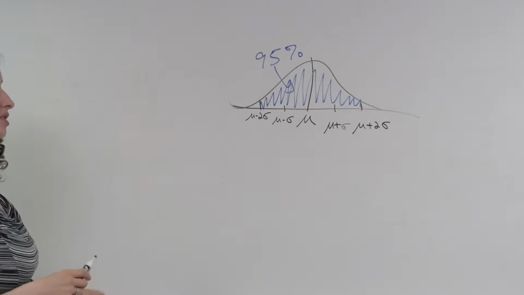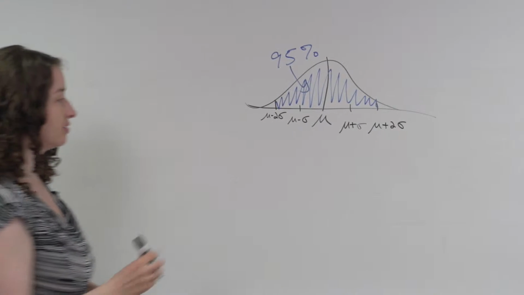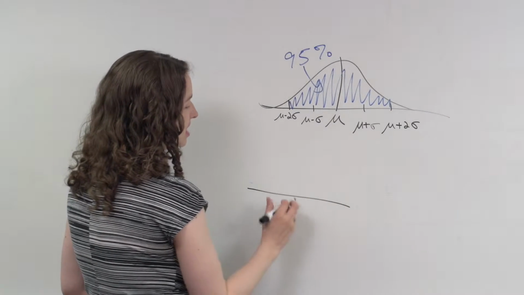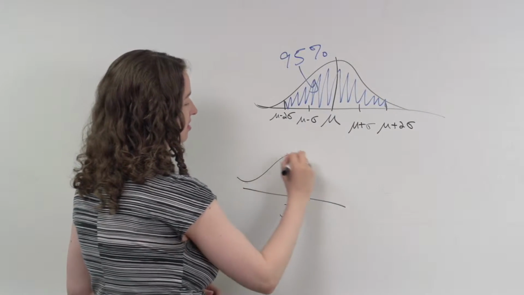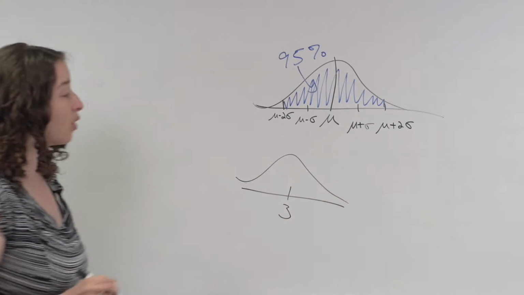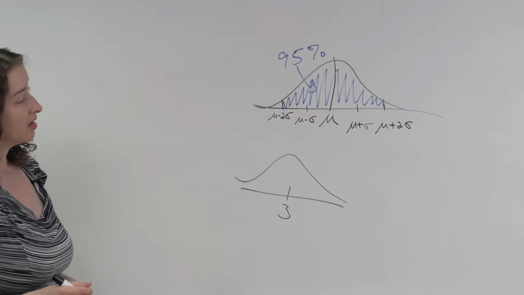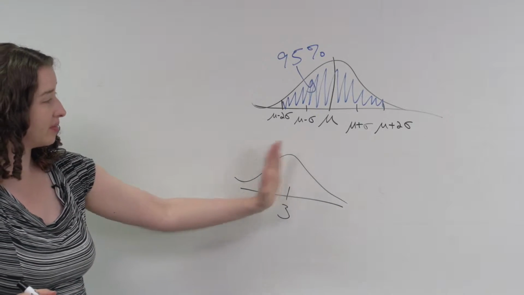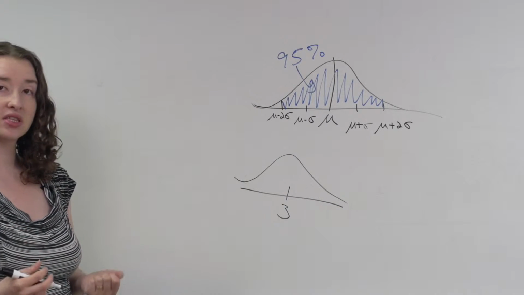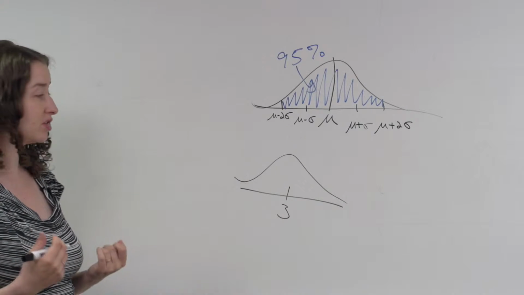So if someone says to you, we have a normal distribution with mean 3 and variance 4, then the way to figure out where this normal curve lies is to say, OK, well, I know the middle's at 3. The variance is 4, so the standard deviation must be 2.